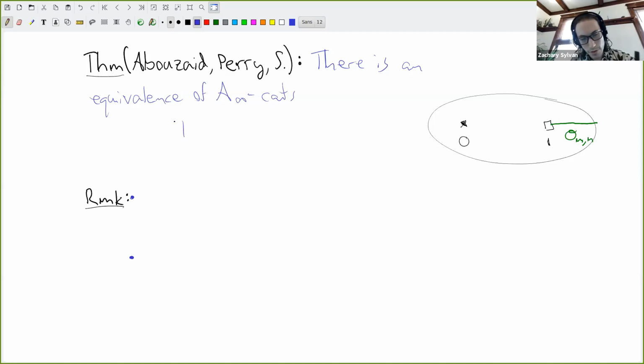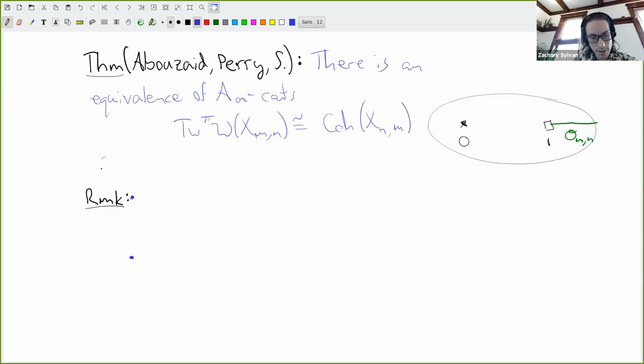I want the split closure of the wrapped Fukaya category, X, M, N, and I want the DG category of coherent sheaves. I'm just going to write co, but this should be understood to be the DG version of X and M.